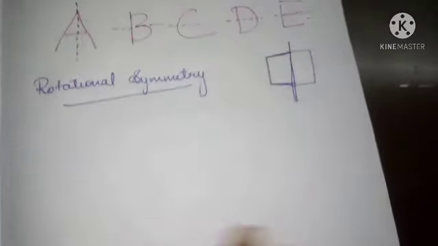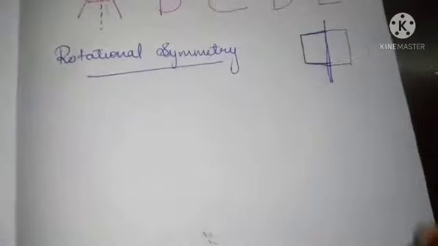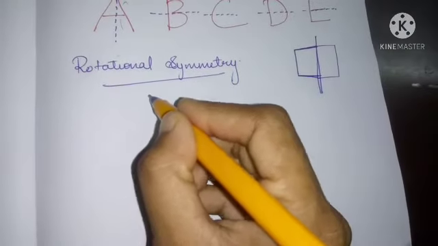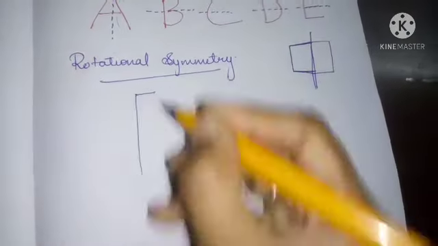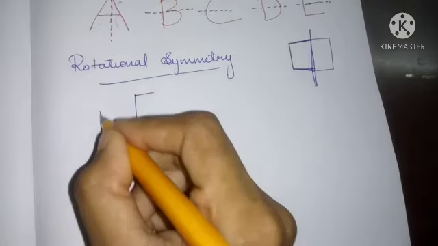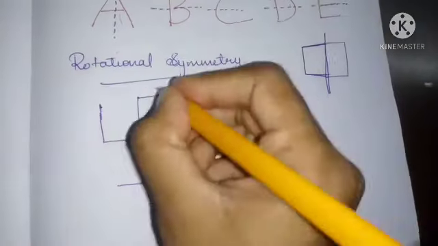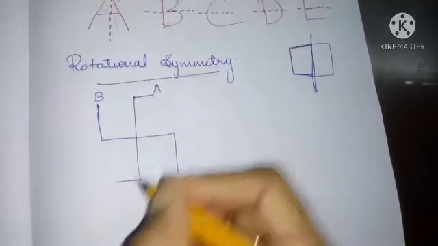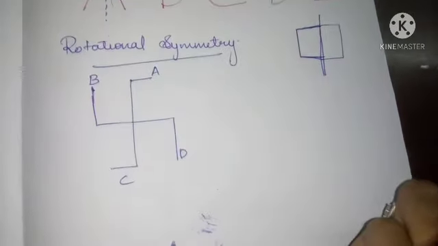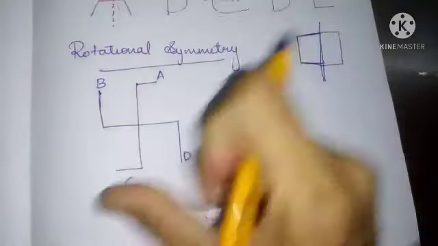Now it is rotational symmetry. See, this is one figure. I am going to draw A, B, C, D. I am going to rotate this figure.